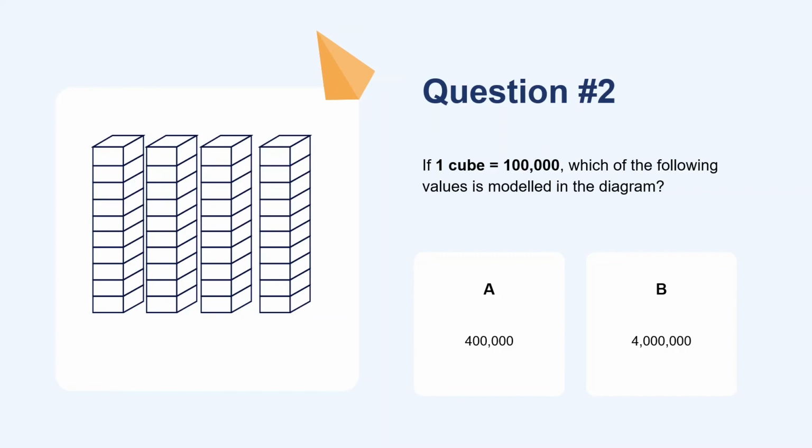So if we want to know the number of cubes that were used to model these 4 rods, we have to multiply 4 by 10 to get 40. So it means we used 40 cubes to model these 4 rods. And if 1 cube equals 100,000, then 40 cubes will be 100,000 times 40. And 100,000 times 40 will give us 4 million.